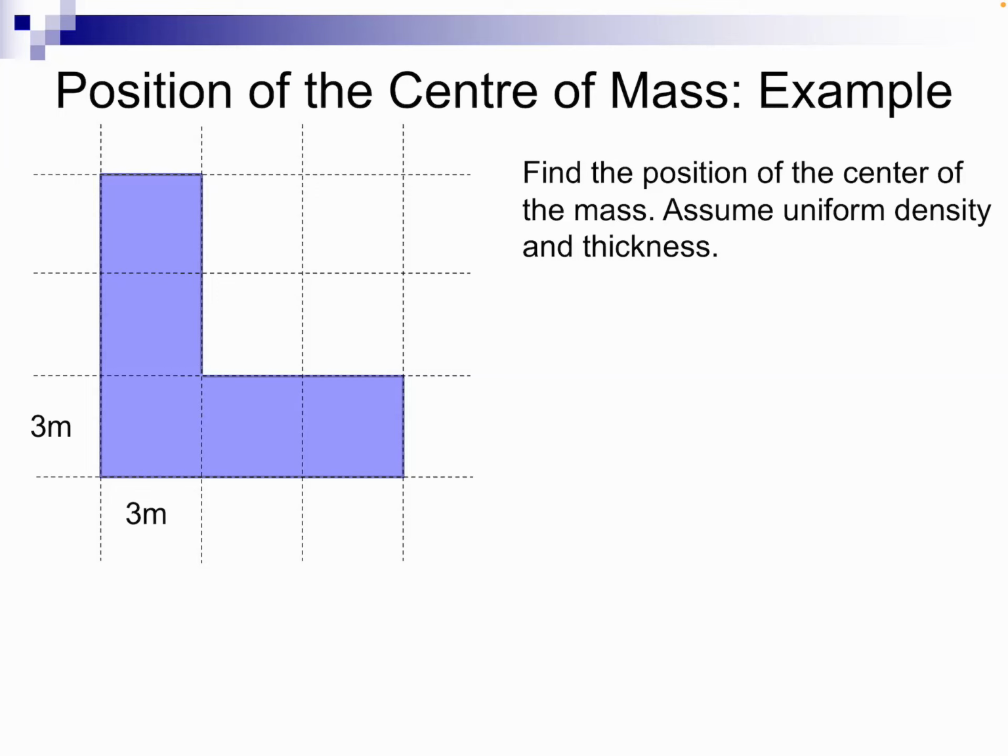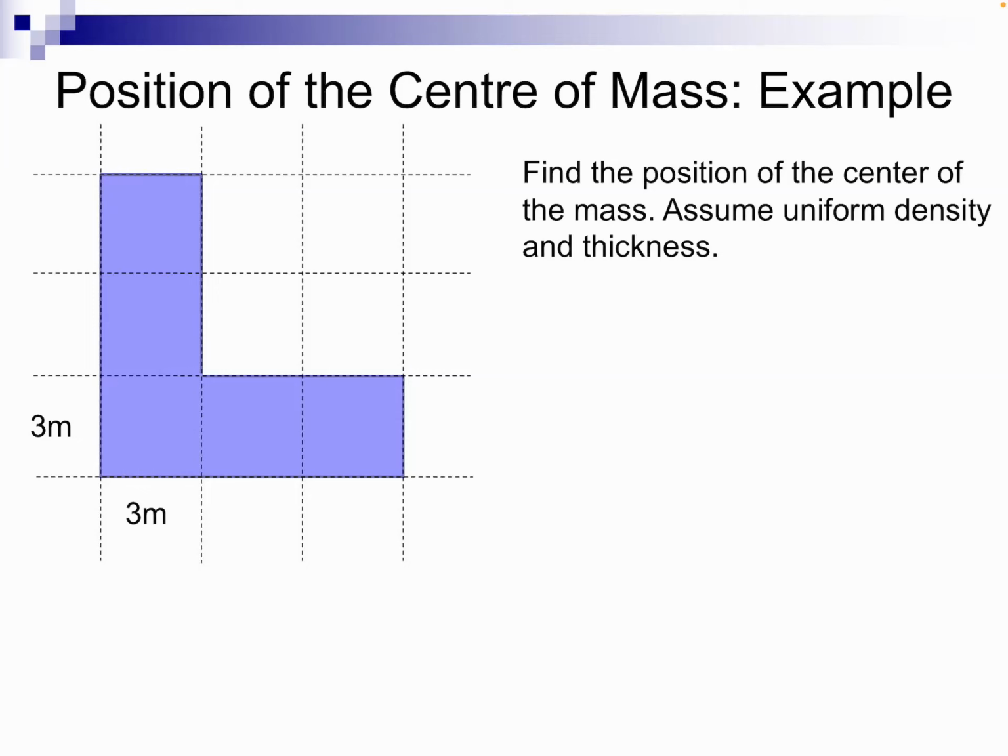So let's try to see, it's an L-shaped object, okay, that you want to balance. For example, you're building some architecture and you want to balance this L-shaped beam. You need to find, of course, where the center of mass is in order to know how to balance this.